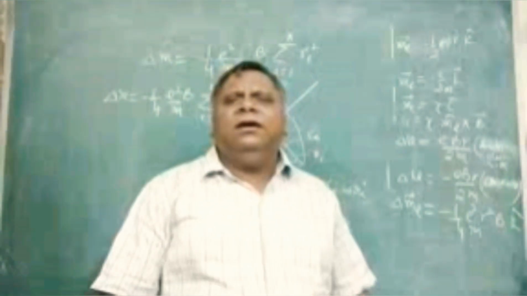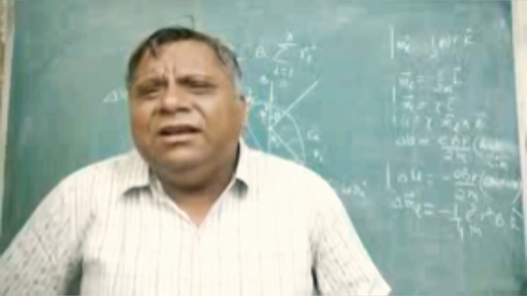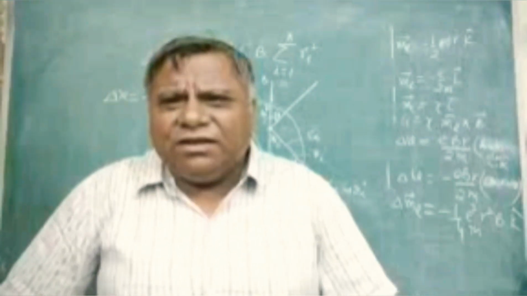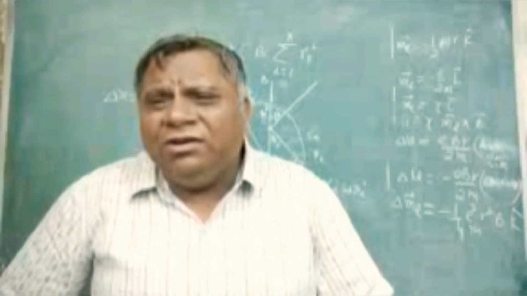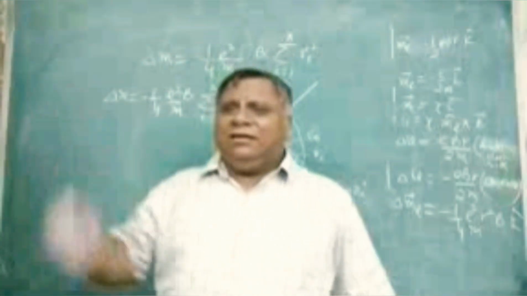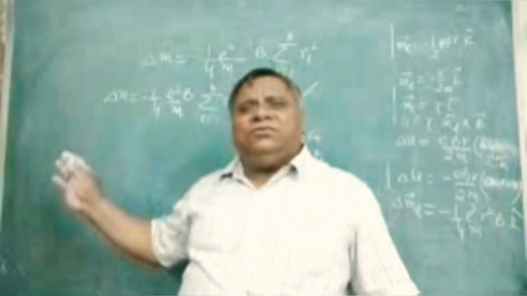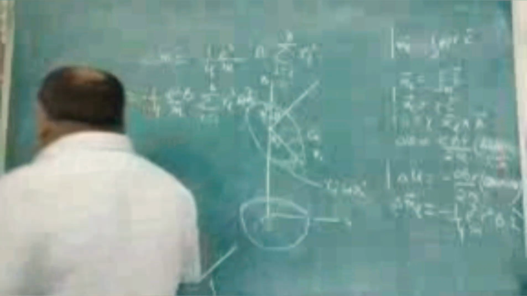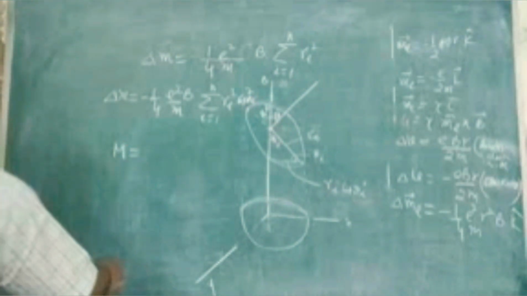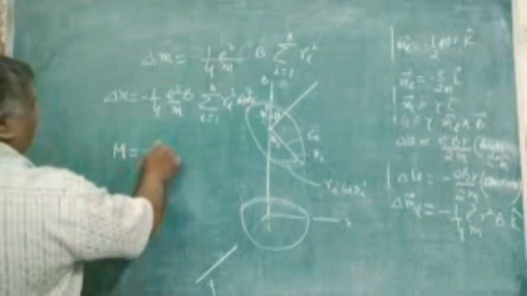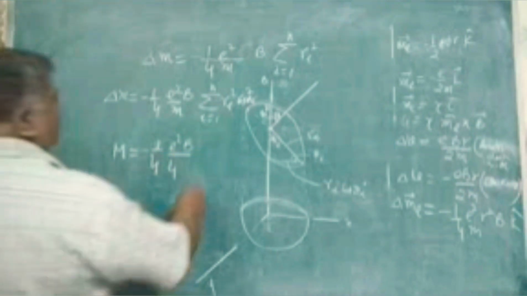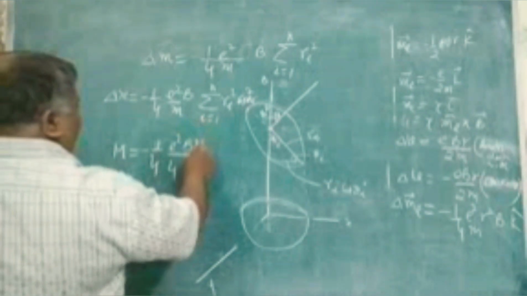Suppose a specimen of material consists of an atom or molecule and volume is unity. Then this M corresponds to the magnetization vector.